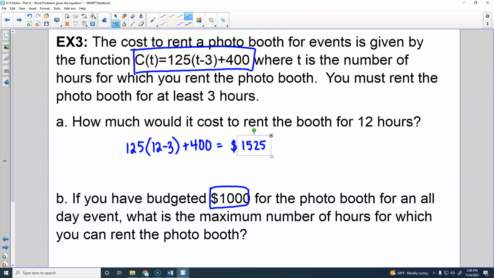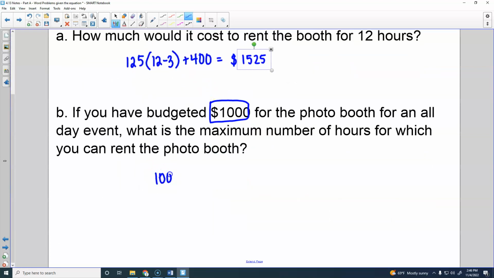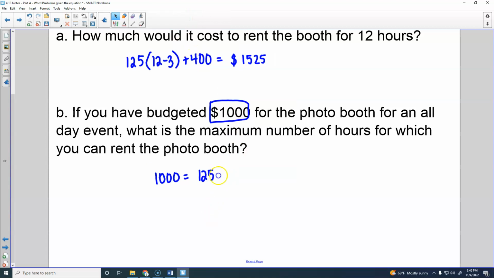C of T, right? Because that's our cost of the booth. T is the number of hours. So we would do 1,000 equals 125 times T minus 3, plus 400.